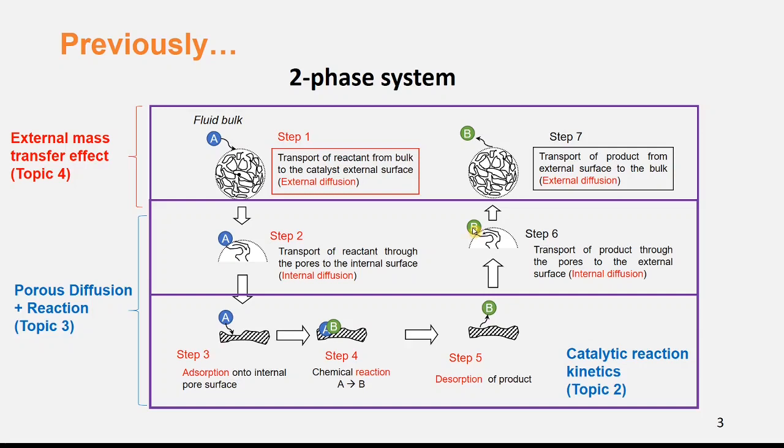So in topic 3, we looked at this process and considered how to calculate the effective diffusivity and how to combine this step with the surface reaction rate in order to calculate the overall rate of reaction, accounting for internal diffusion. Here, we defined the Thiele modulus and the effectiveness factor, which quantify the relative rates of internal diffusion and surface reaction.